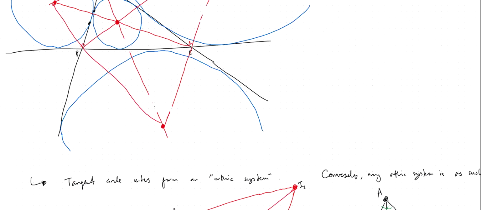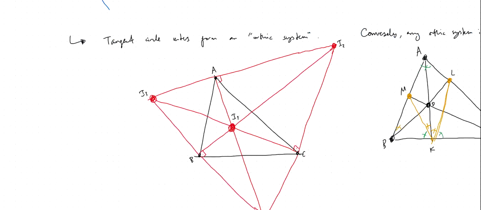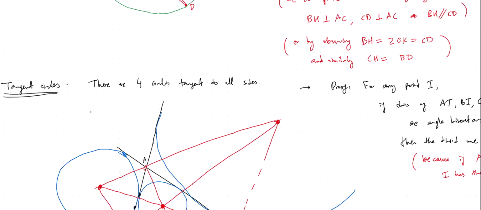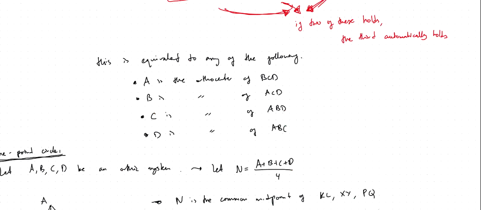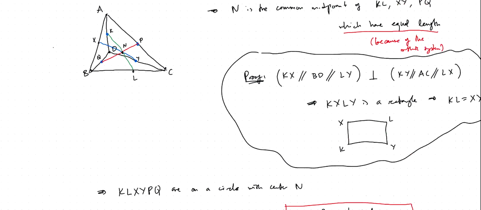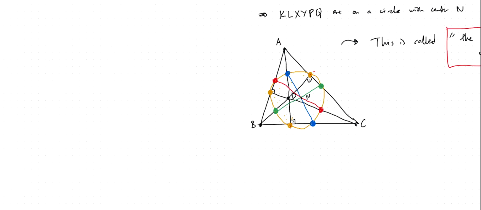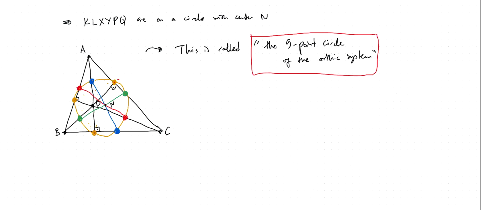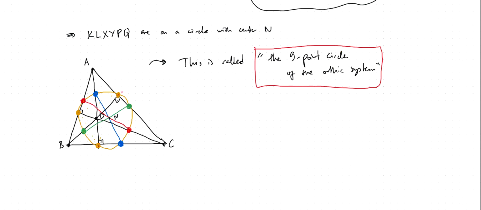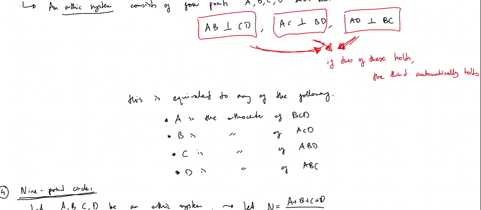So the 9-point circle is half of these circles: BCD, ACD, ABD, ABC. This is general information that I must add here. How can we prove this?